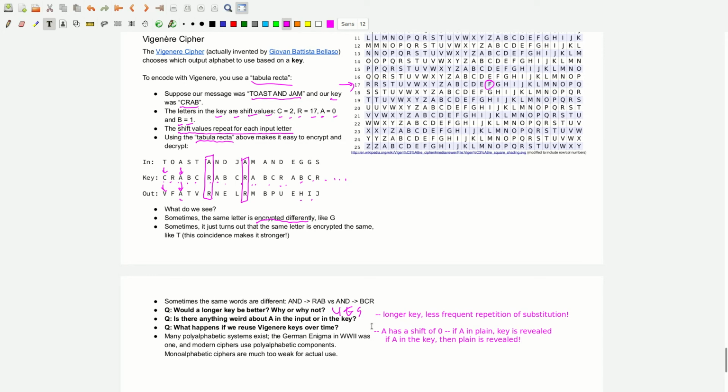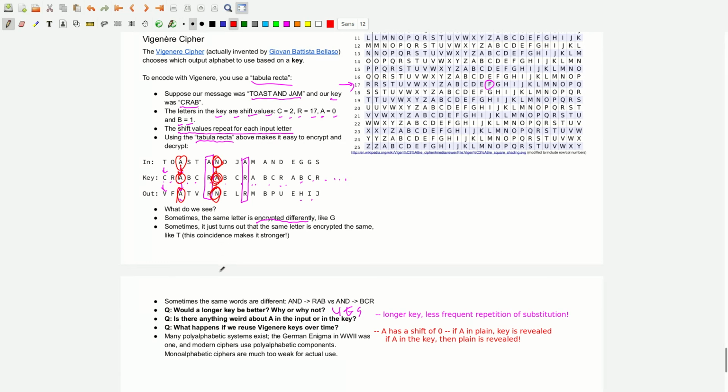Does that make sense? So when we see an A in the plain text here, what happens is the A in the key is revealed. If there's an A in the key, then what happens is the N in the plain text is revealed.